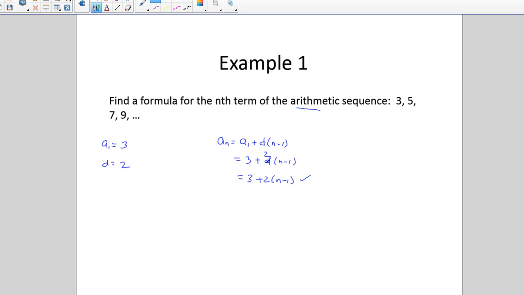You can either leave it like that, it's no problem, or you could go ahead and simplify this if you wanted to: plus 2n minus 2, and we'd have a more simplified version, which is 1 plus 2n. So now we have a formula that we could use. I think in class I'd asked you to find the 1001st term. And all you would do for that case is take n equals 1001 and pop it in there. So a sub 1001 is going to be 1 plus 2002, or 2003.